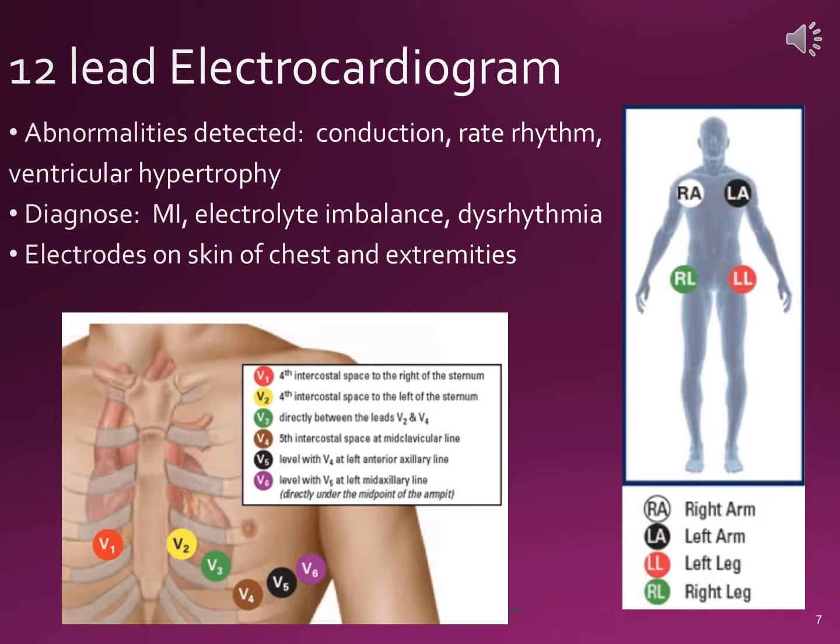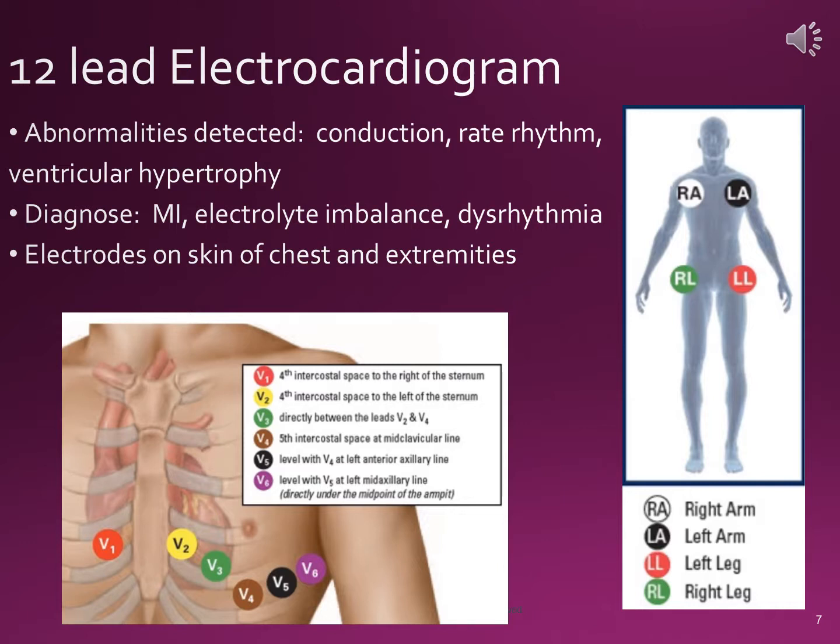The abnormalities that you can detect are abnormalities of actual electrical conduction. You can look at rate and rhythm. You can also measure ventricular hypertrophy, which will have an effect on conduction. You can use a 12-lead EKG to diagnose an MI, often used for electrolyte imbalances, specifically potassium, looking at different kinds of dysrhythmias and heart blocks.